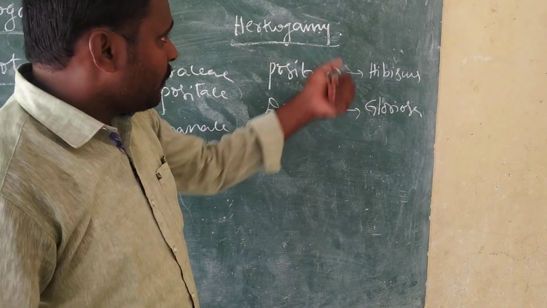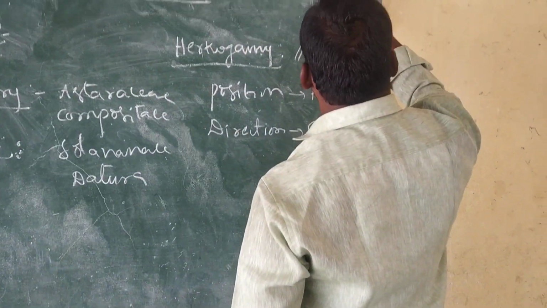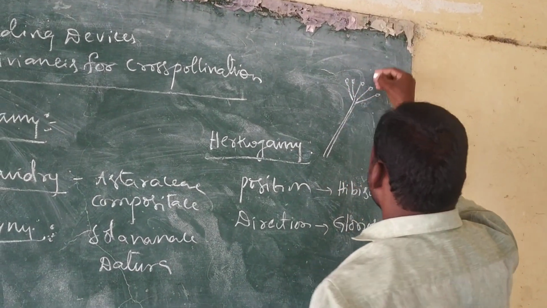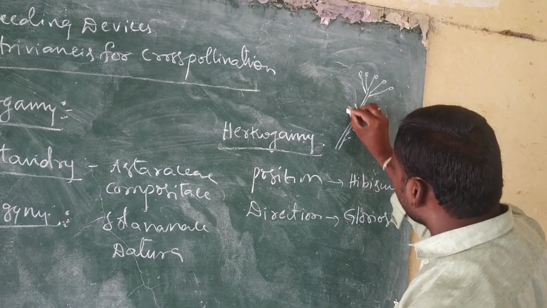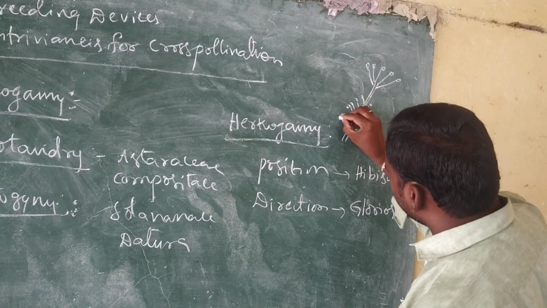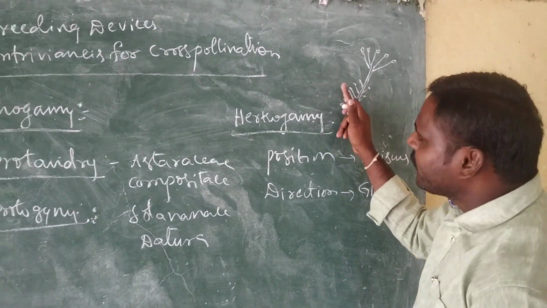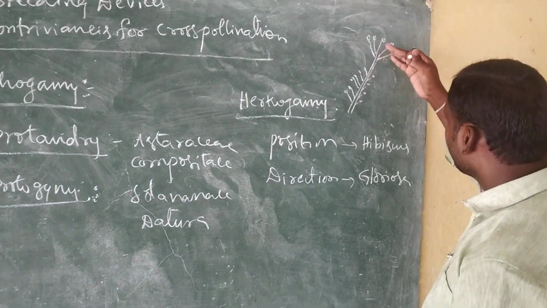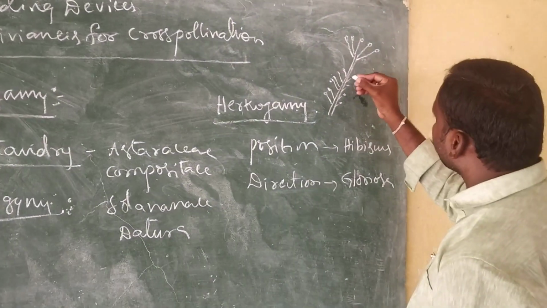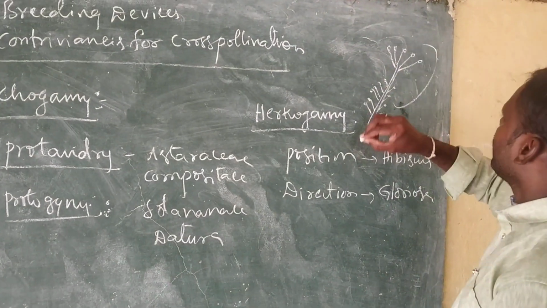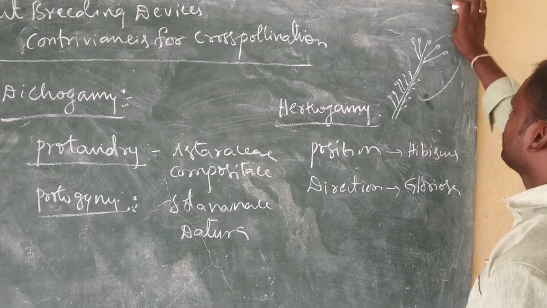Different positions: if we take the hibiscus, this is the stigma of the hibiscus, but the anthers are present below the stigma. When these anthers mature and dehisce, pollen grains are released, but the released pollen grains do not reach the stigma because the stigma is present above the stamens, so the pollen grains do not reach the stigma of the same flower, and it facilitates cross-pollination.